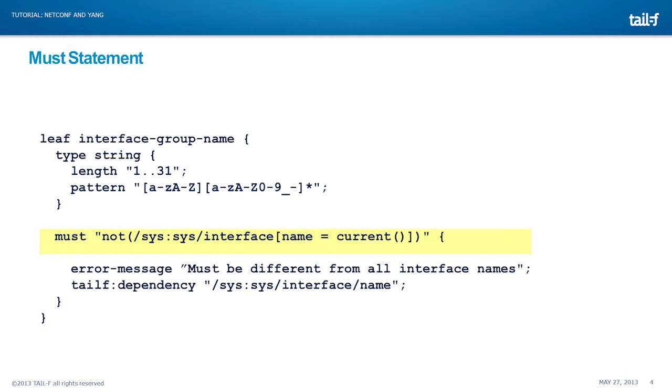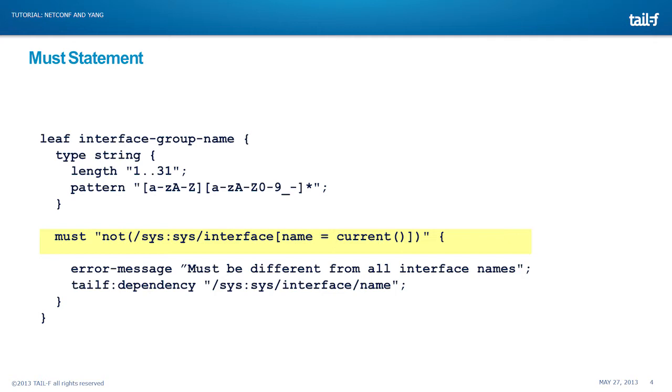Elsewhere in our model, we have this interface group name. There is a type restriction here, and then on interface group name, we have the must statement. So there's a path with a prefix to whatever module is prefixed by sys in our model from its import. And here we have sys:interface.